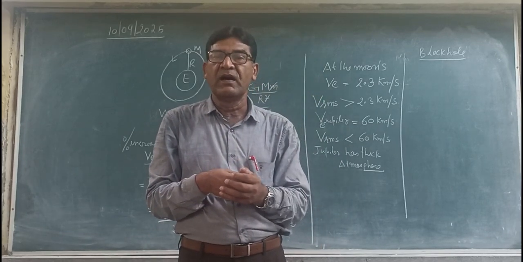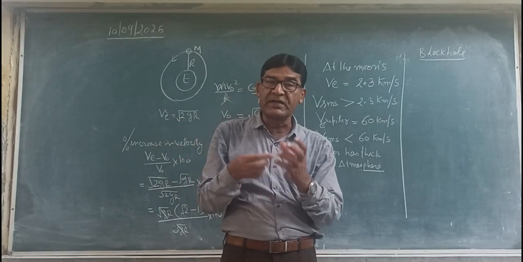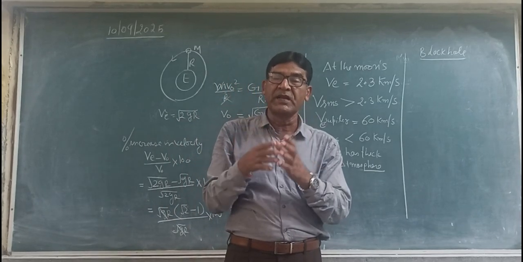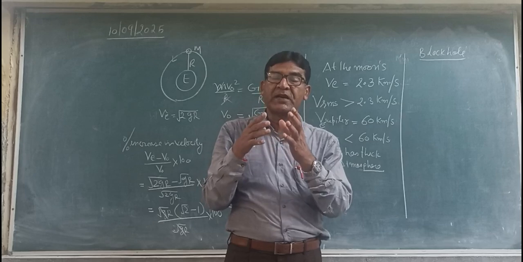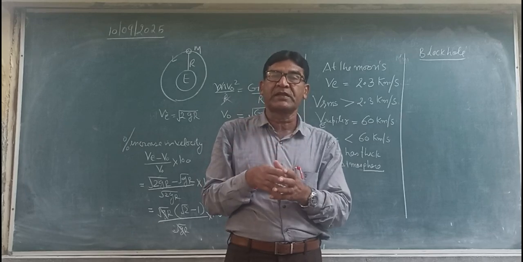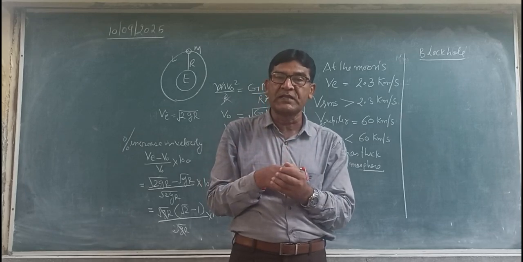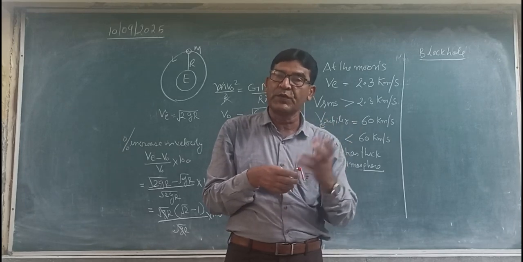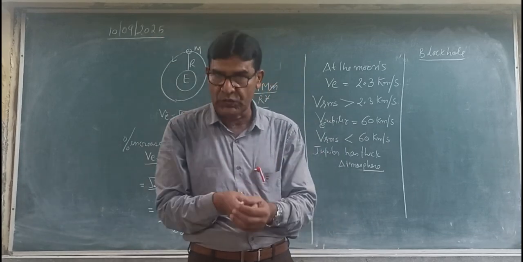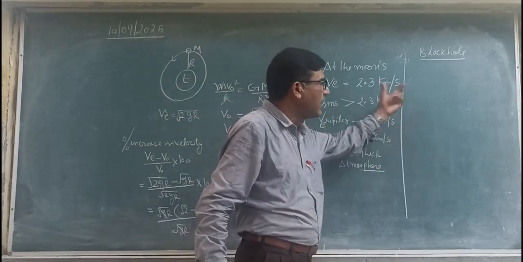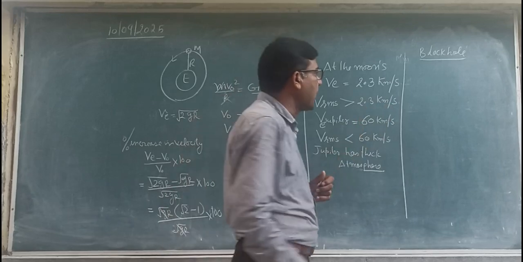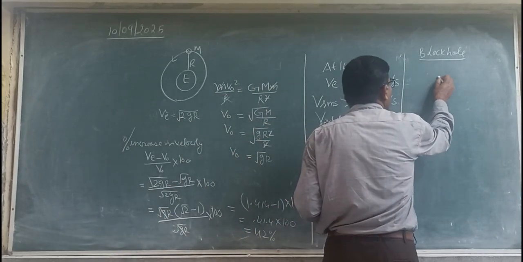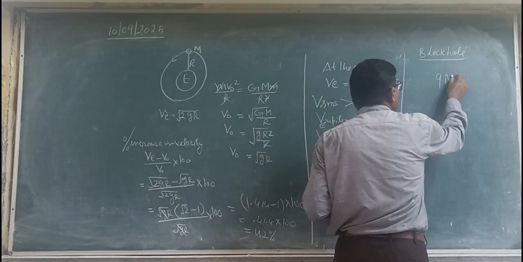That is the black hole. The density is so high that even the speed of light cannot escape. That is why these are known as black holes. These black holes vary in size from a few centimeters to kilometers and so on. Now, suppose a body has a mass 9 times the mass of the Earth.